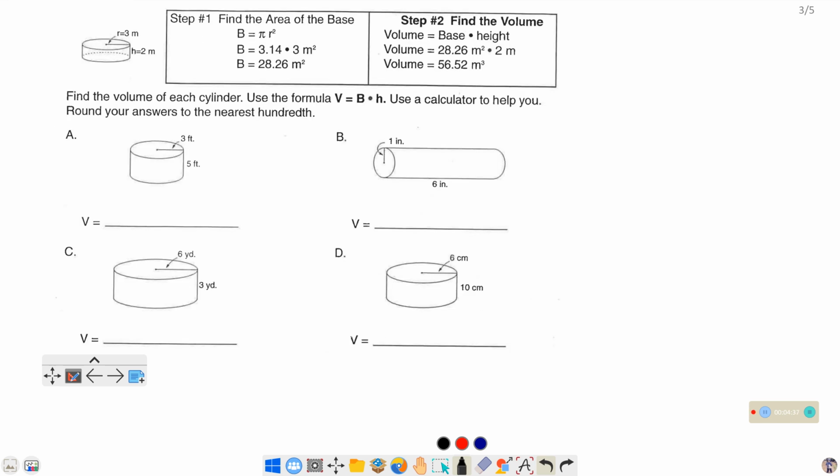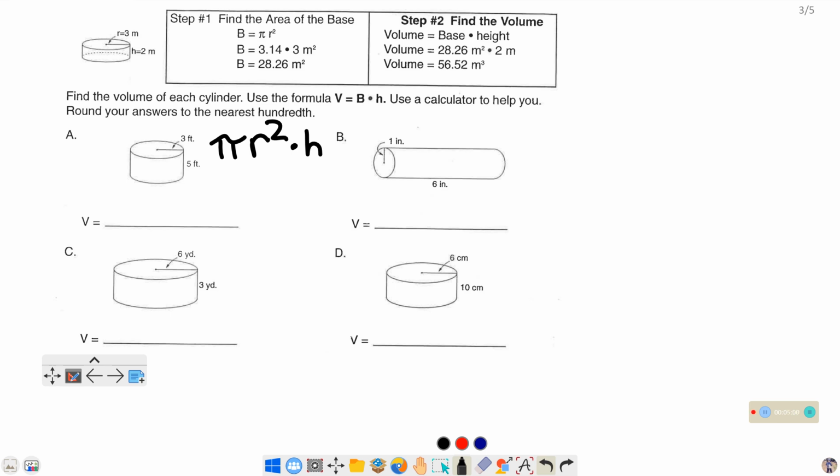Page number 2. It says find the area of the base. Remember, the area of the base is pi times the radius squared. Then multiply it times the height. Now, on your calculator, you can do this all at the same time.